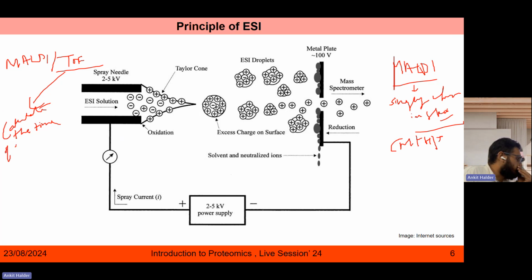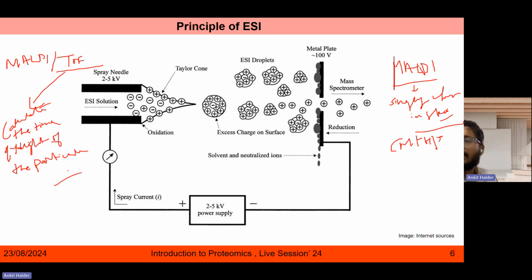It calculates the time of flight of the particular ion, right? So the particular ion, when it is reaching the detector from the analyzer, that is what we are getting as a particular TOF.